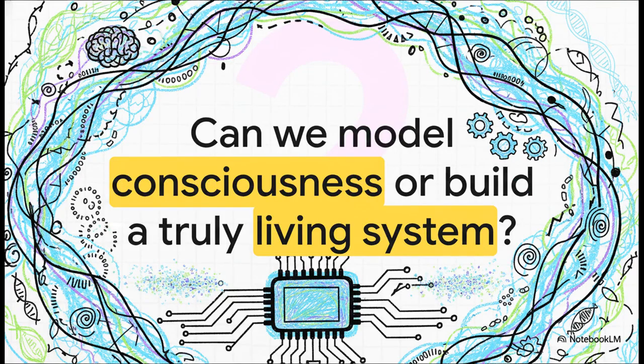And that, of course, leads us right to the edge of science fiction. If we can capture the fundamental logic of a self-building system, could we one day model something as crazy complex as consciousness? Could we actually build a truly living system, not out of cells and water, but out of pure information running inside a computer? I mean, the theory opens the door.